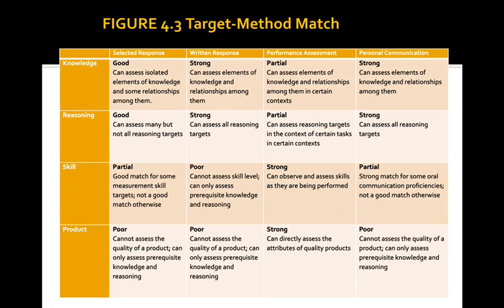This comes straight from your text, and it is a chart that just tells you, okay, if I'm doing this, what might make sense? Again, we've talked all about selected response is good for knowledge, but it's really bad for product. Or, you can go across and you can see those, and that's on page 94 of your text.